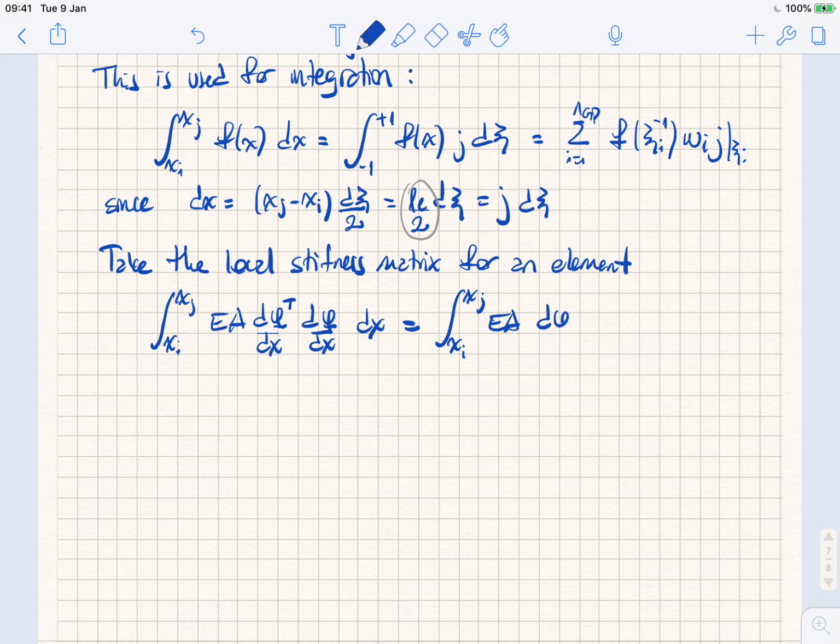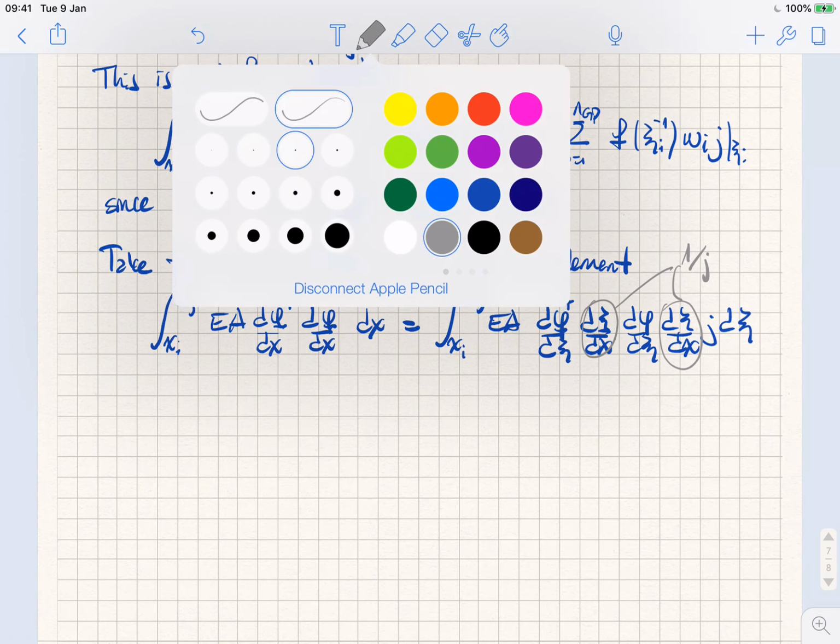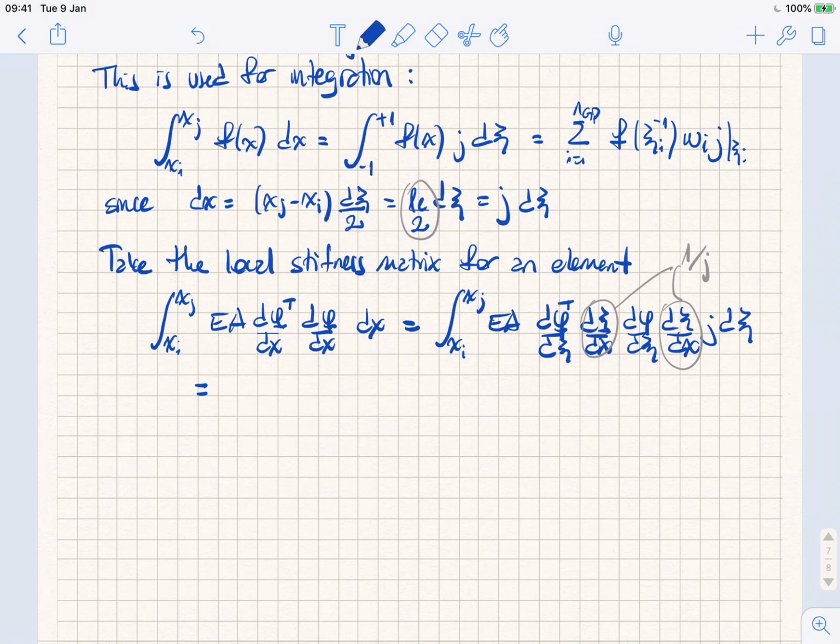So we have to do the derivative of xi with respect to x, and you see how our mapping gets there again through the Jacobian. And I'm missing here the transpose. So what you see here is that these two terms are equal to 1 over J. And then of course we further change that to evaluating that expression at a small number of Gauss points.